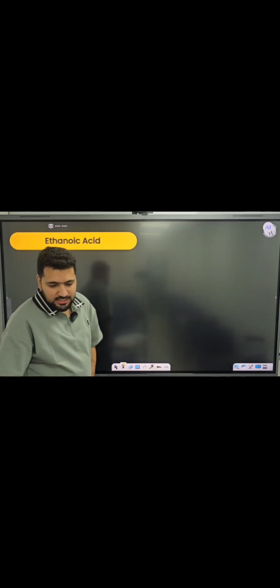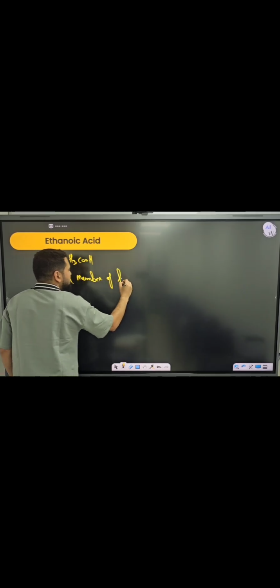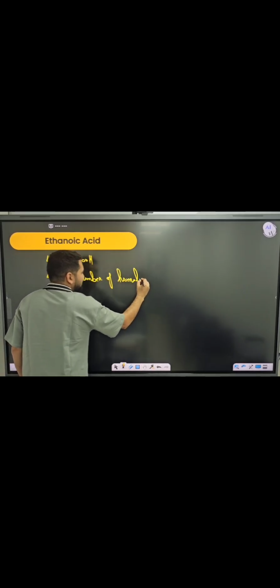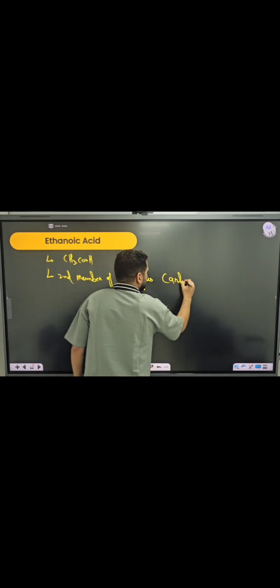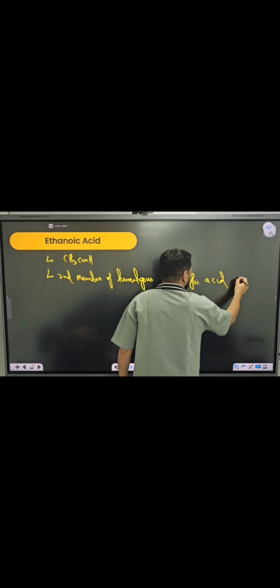Now we have one more, that is ethanoic acid. What is ethanoic acid? You should know. The first thing is it is CH3 COOH, ethanoic acid, and it is the second member of the homologous carboxylic acid series.